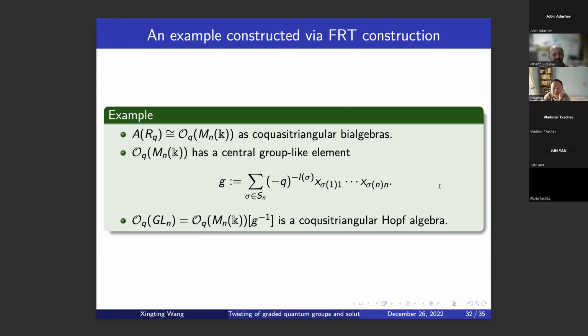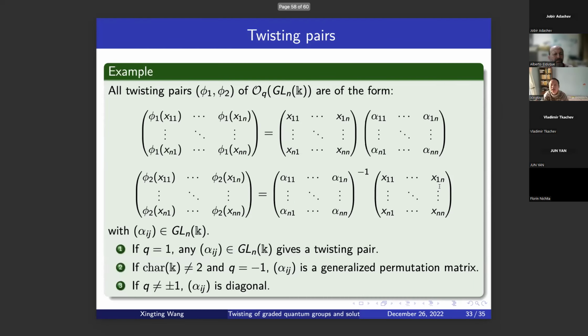And you do have a central element; after localization, you get a Hopf algebra. That's called the quantized coordinate ring of the general linear group. And you can compute all the twisting pairs there, just by the formula I did before. It is given by one invertible matrix, alpha ij. Depending on Q, you have three scenarios.